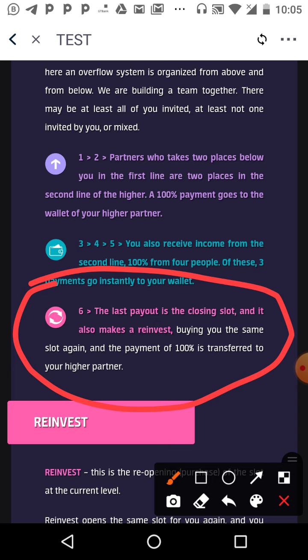It reinvests this slot for you, buying you the same slot again, and the payment of 100% is transferred to your higher partner, your upline. The last one could go to your upline or upline. It has to find somebody to give this money to. So that's why you need to position yourself properly.